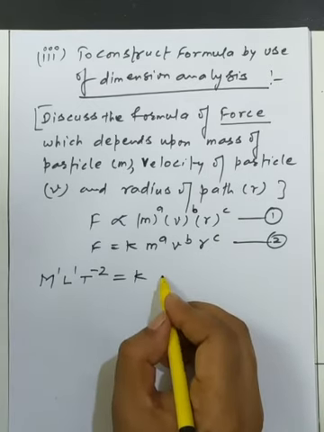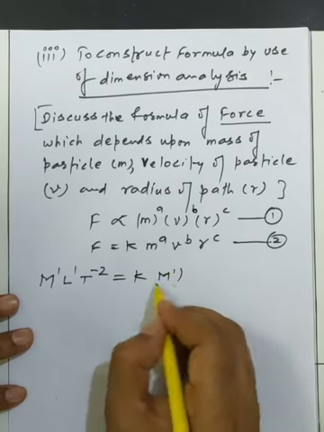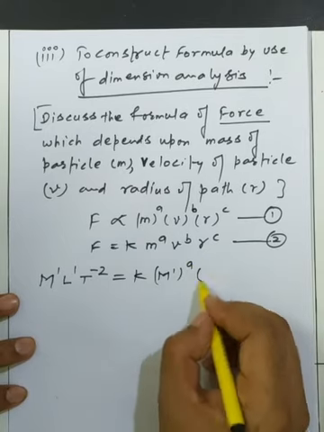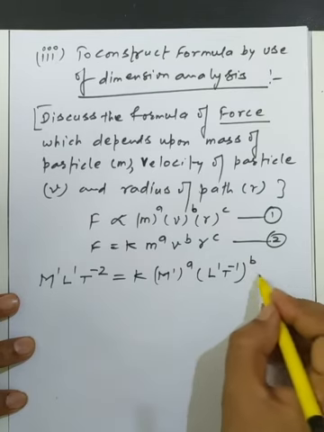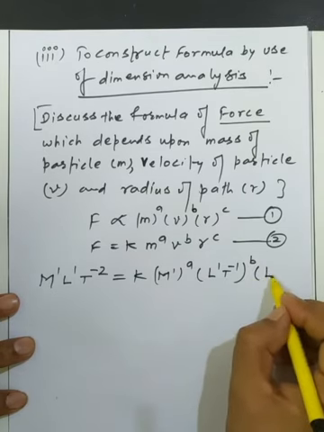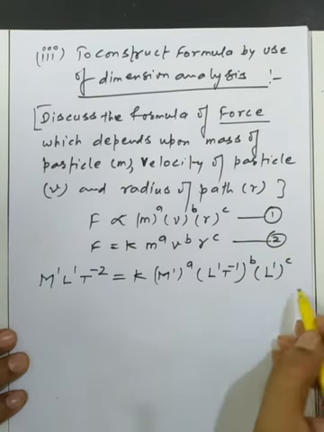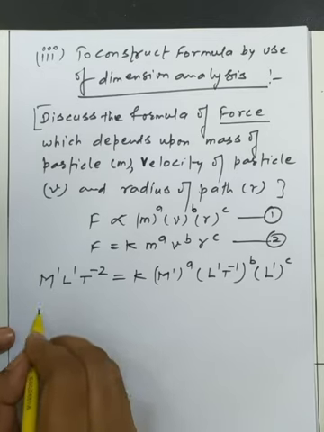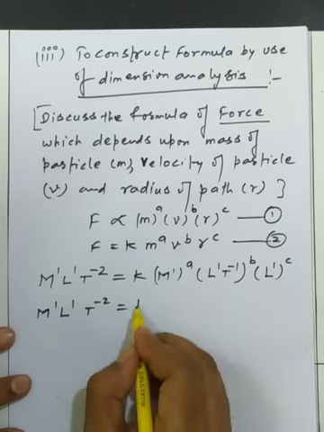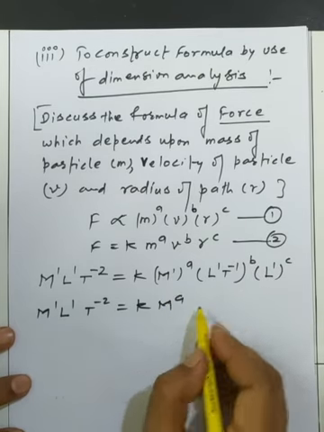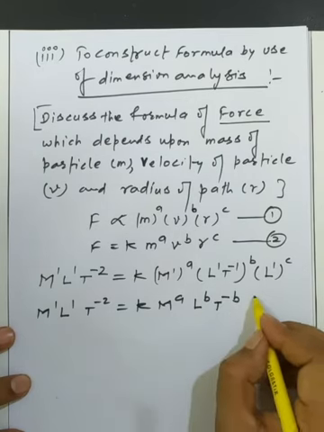Mass has the representation M1 with power a, velocity L1 T minus 1 with power b, and the radius is simply the length, so it has L1 with power c. Now we multiply the powers with the numerical values: M1 L1 T minus 2 equals k, M raised to a, L raised to b, T raised to minus b, and L raised to c.